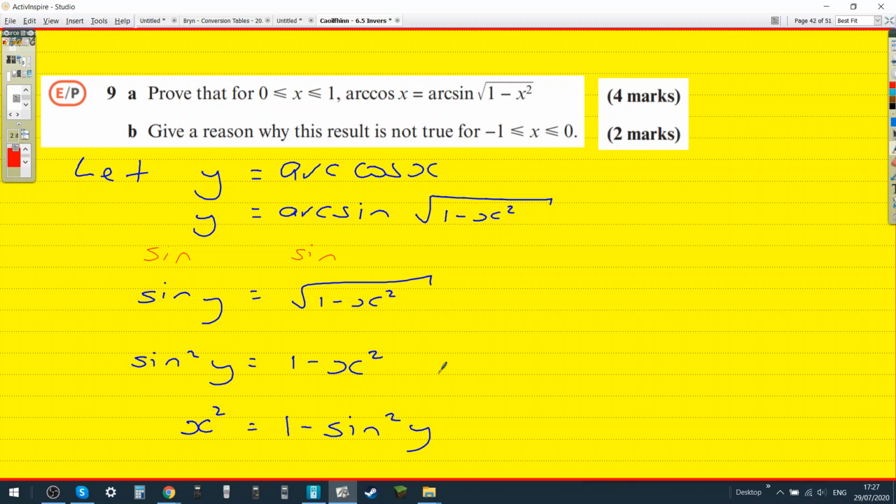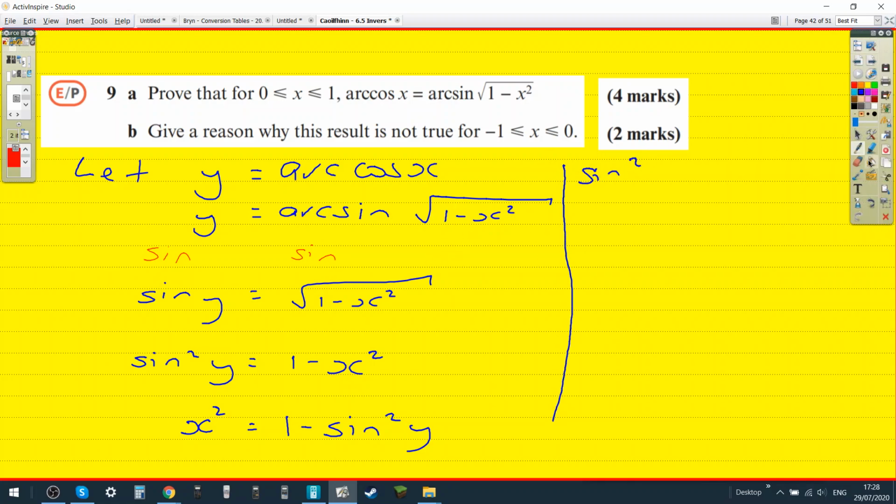So right, we got x squared. Hold on. Arc sine. What is sine squared y equal to?